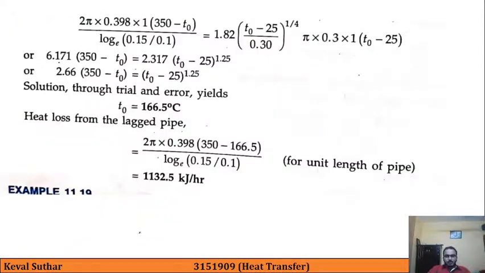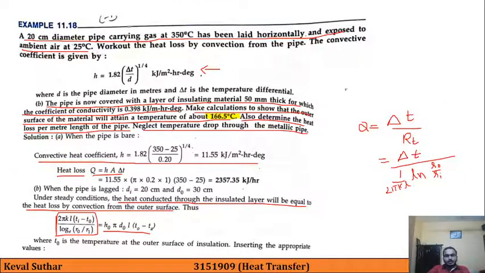So now when we put all these appropriate values here, we are only not aware of T0 here, that is the outer temperature that we need to prove. If you see here, we need to prove that the outer surface temperature will be 166.5 degrees Celsius.